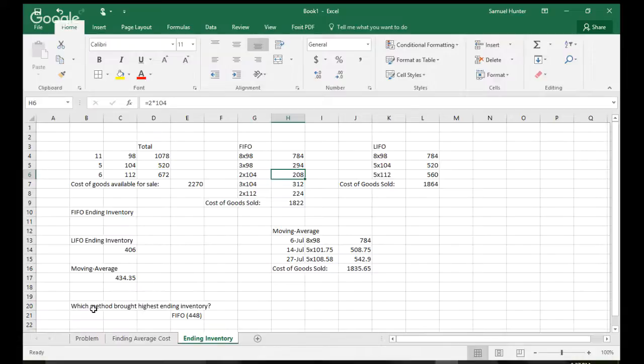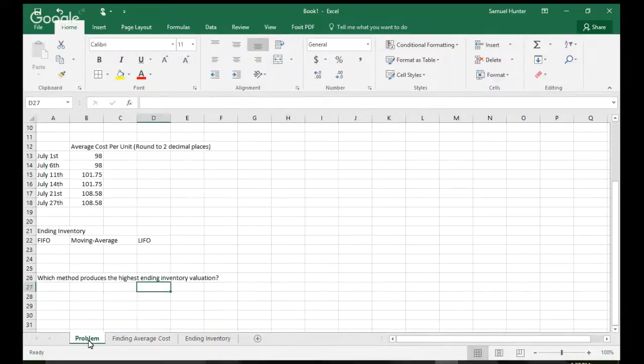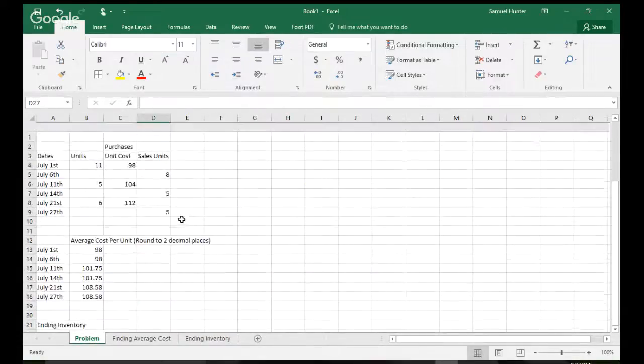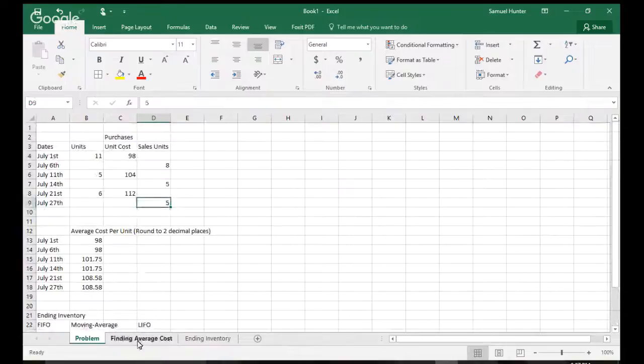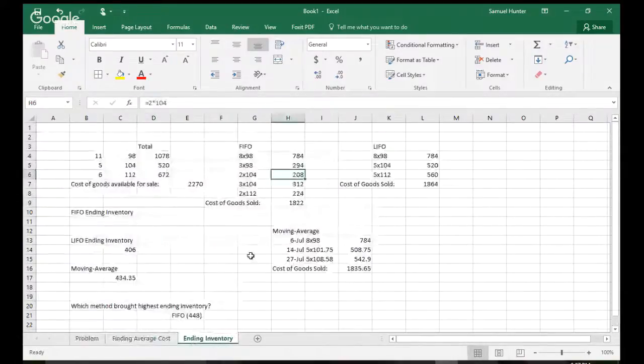And then at the end, on the 27th, we made another sale of 5 more units. We sold 3 more at 104, and the last 2 we sold at 112. So 312 and 224.